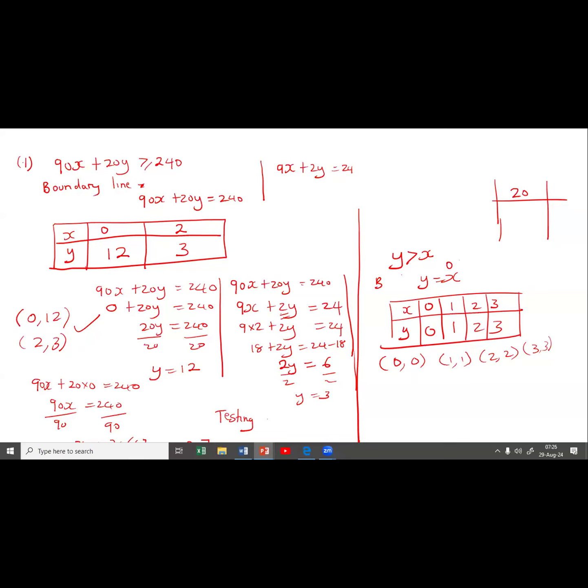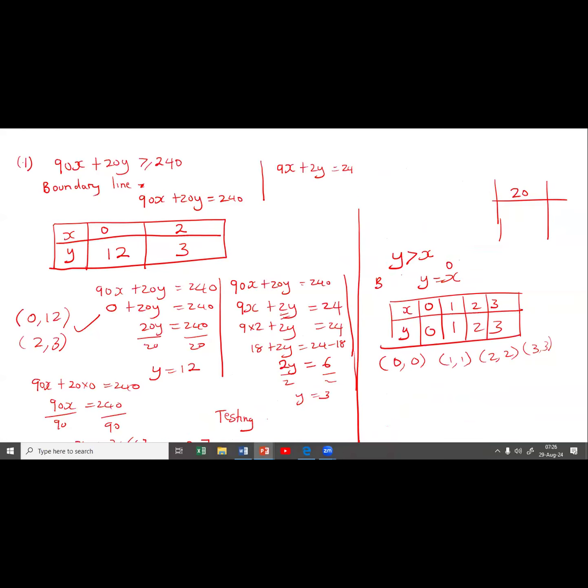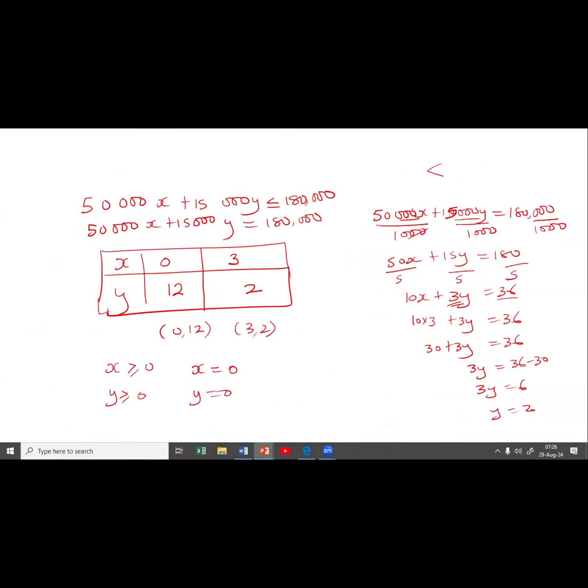Why did you multiply? No, not this calculation. First check the other calculation. Which one? I'm not seeing it. Where is it? Yeah, this one. Why did you multiply 10 times 3 plus 3y equals 36?